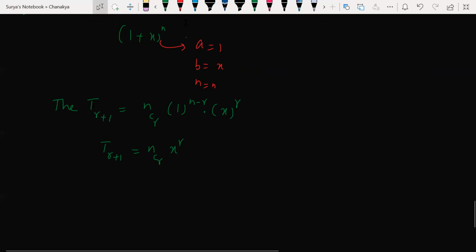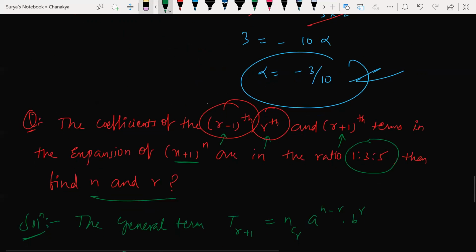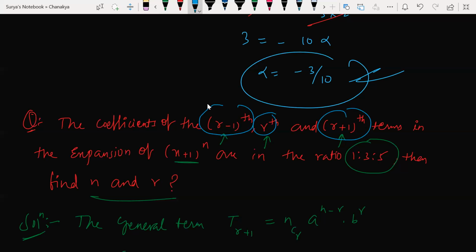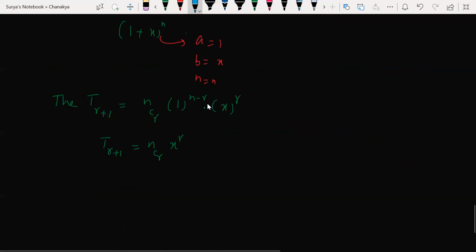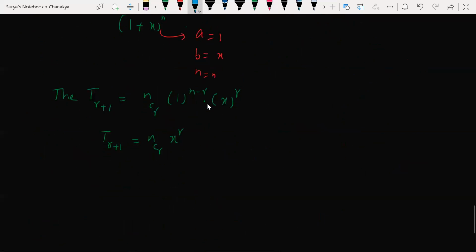Now, what is the rth term? Look at this here. He has given three terms, beta: the rth, the (r minus 1)th and this one. So we'll be finding all those. We found the (r+1)th term, right? And the coefficient of the (r+1)th term is what?